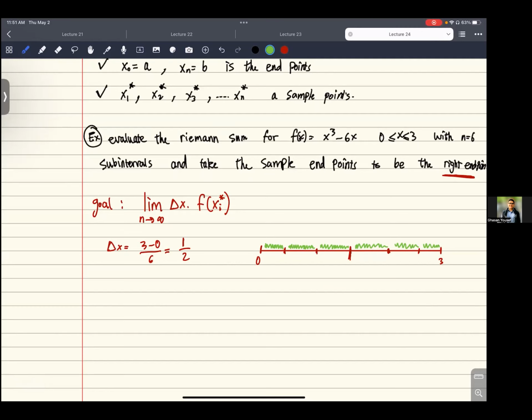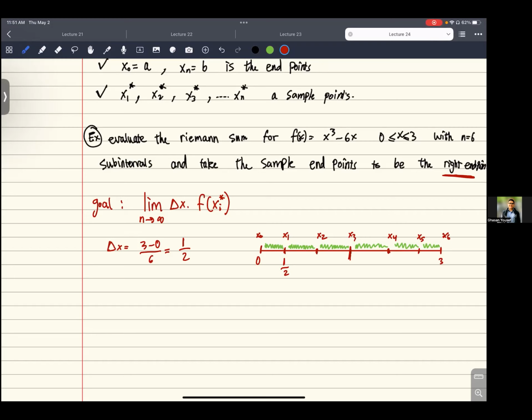So at this point, we start from the starting point. This is x0, x1, x2, x3, x4, x5, and here is x6. What is x1? 1/2, the same as the starting point plus 1/2.